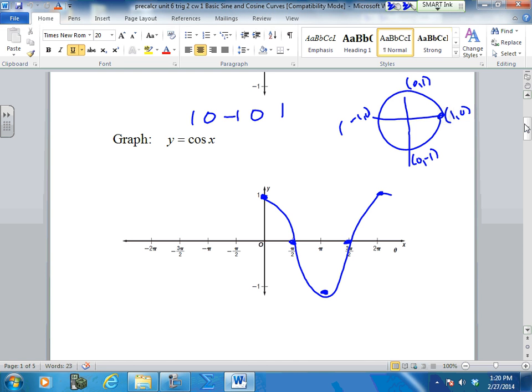This is 1 cycle. Now I can go in reverse. Just bring this back down to -1, 0, 1. What's the domain for this guy? All real numbers. Even though we're just in this window, we're still all real numbers. What's the range? Good, -1 to 1.